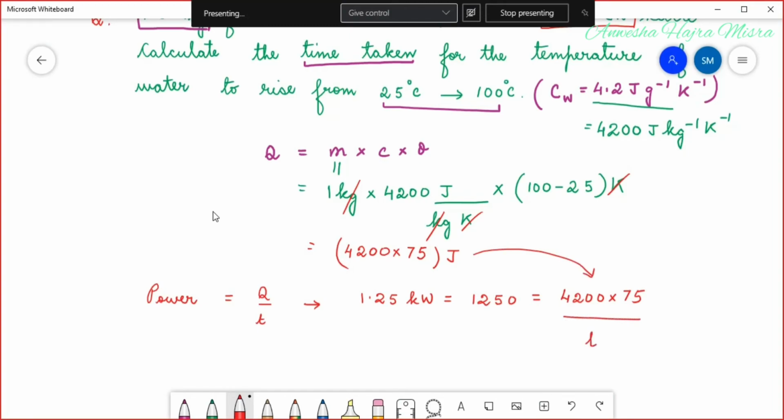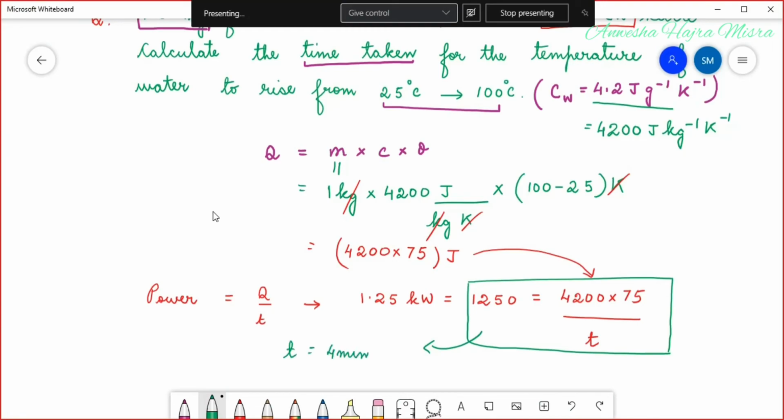Now I have to calculate the time. Power is heat by time. Now if time is calculated from this expression, the time will come out to be 4 minutes and 12 seconds.